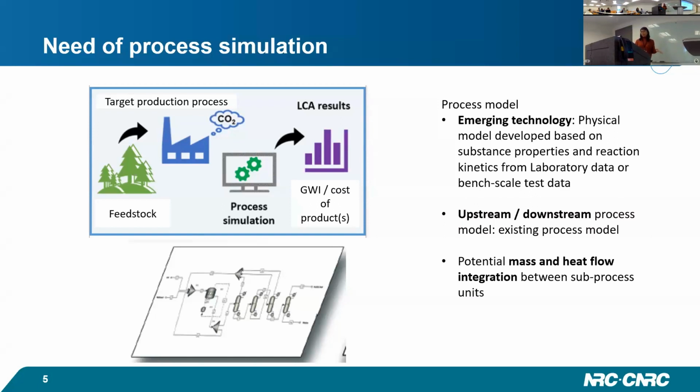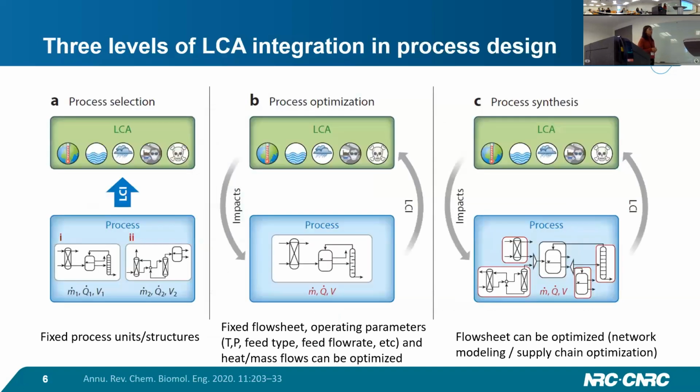Of course, for this process design, we need to consider any potential mass and heat flow integrations to maximize the profit of the process. So this slide illustrates the three levels of this LCA study in process design.